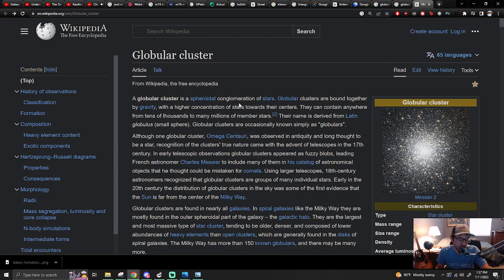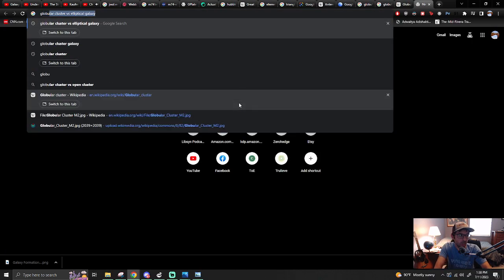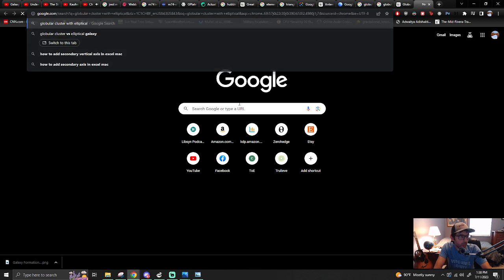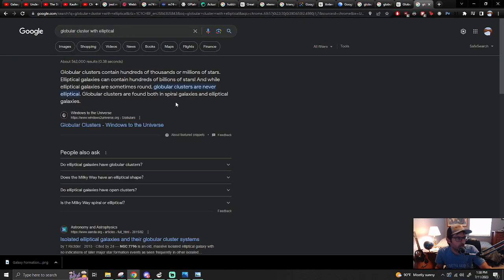But then if we could like peer at it in a different wavelength, perhaps globular clusters can have elliptical surroundings of gas or something. With elliptical something.